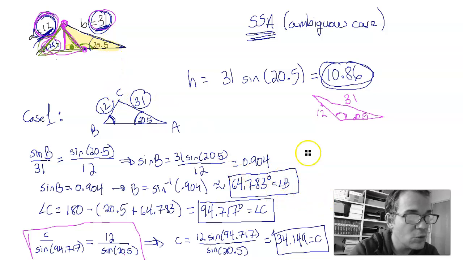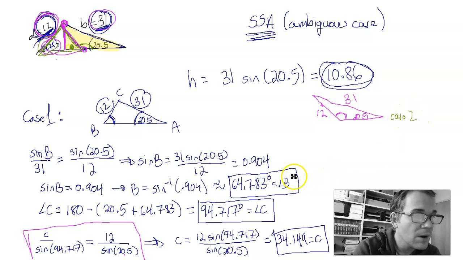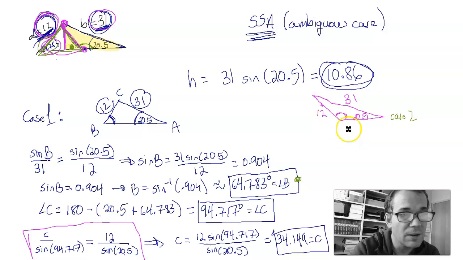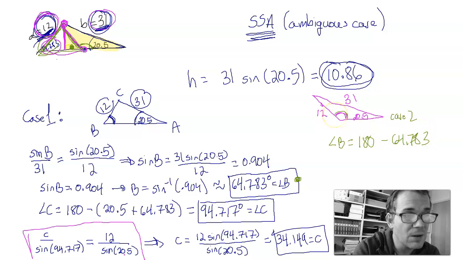So without doing too much more work, I can take the work I did right off the bat over here and just find this guy's supplement. In case 2, angle B is going to equal the supplement of this, which we'll find by going 180 minus 64.783. And that'll tell us this angle right here.